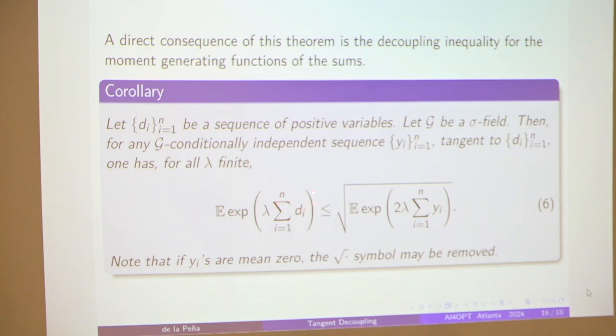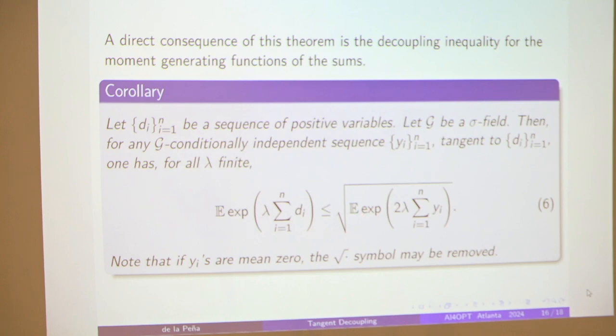The Laplace transform of the sum of the x sub i's up to the stopping time is less than or equal to the square root of the expected value of e to the 2 lambda times the sum of the yi's, which is the x sub i tildes up to the same stopping time. You have to pay a price, which is the 2.